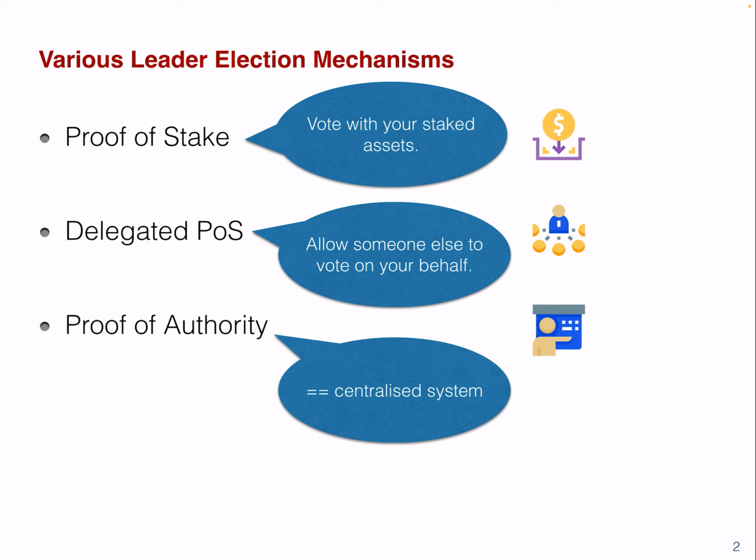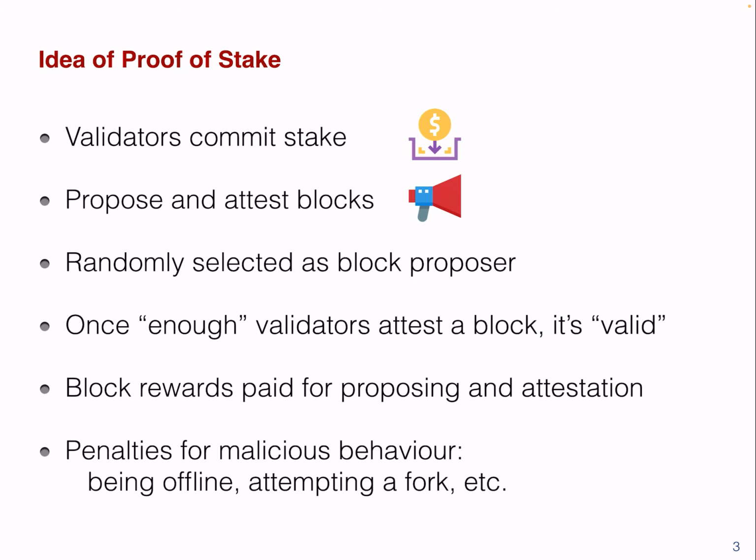And then a third example is proof of authority, where you basically have a private key and you are the owner of the system, and you say, I prove that I'm the owner of the system. So it's a centralized system. There might be some use cases where it's interesting to use such a centralized system structure.